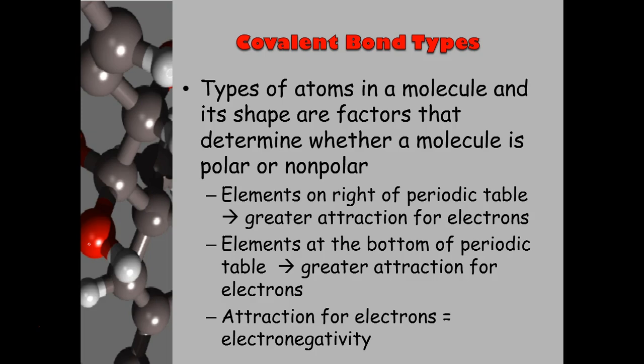So electronegativity in and of itself is simply a comparative property that shows how well an atom is at hanging onto electrons. And so there is a pattern that shows up in our periodic table. Elements more towards the right of your periodic table tend to have a stronger attraction for electrons. The further down you go, the stronger that attraction becomes.